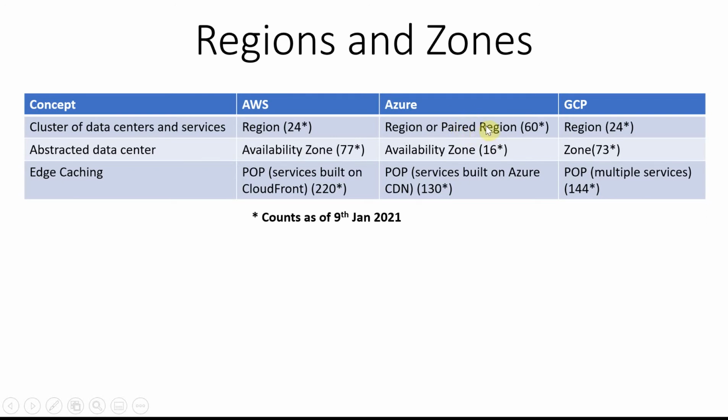But imagine a service is there in a region, but there's no availability zone. Then you are left with only one data center in that region, and you don't have a second or third data center. That is something we should keep in mind when opting for which cloud to go for.